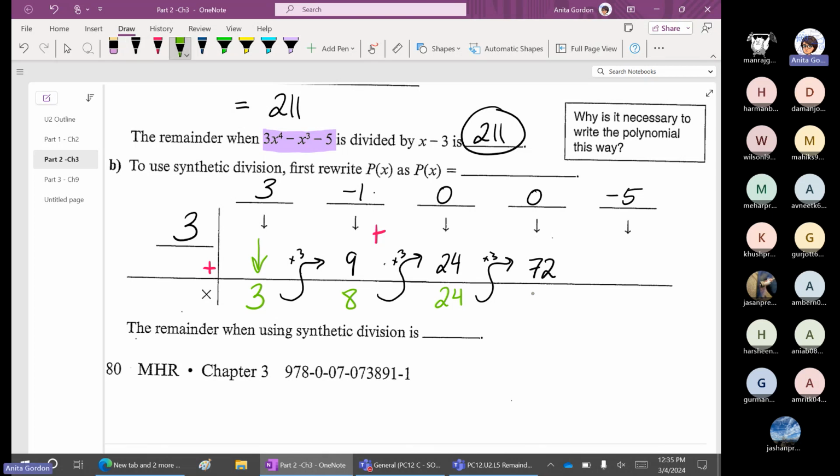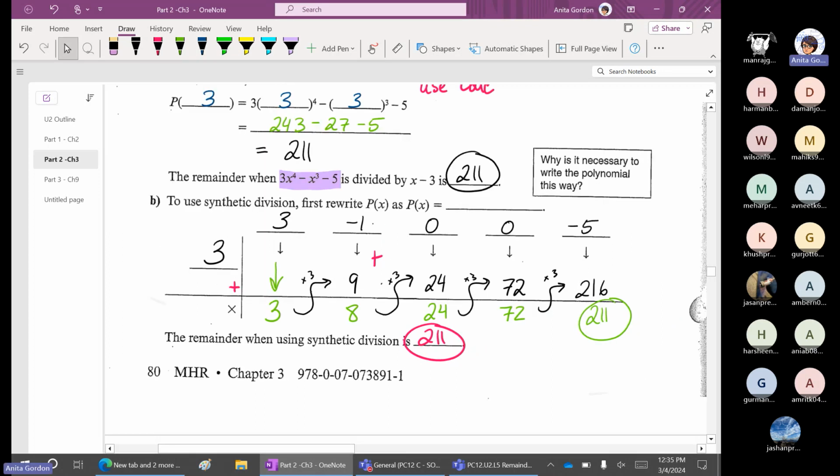Add them together, 72. Multiply by the root one more time. 216. Adding them together. The last number is always the remainder. So we did it correctly. 211 is our remainder.